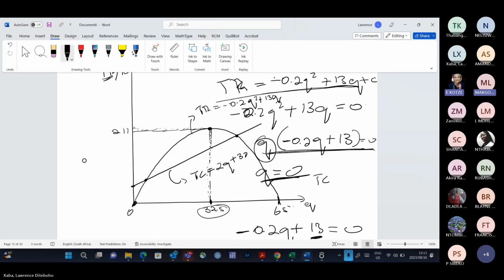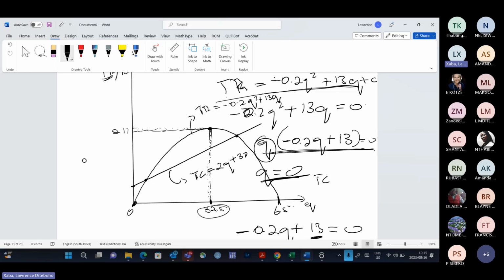I have a question. In the examination, will we be required to draw the graph? I think your questions are MCQ questions. I think we'll maybe be given a graph, and for example, if you see this graph, they're intersecting somewhere.